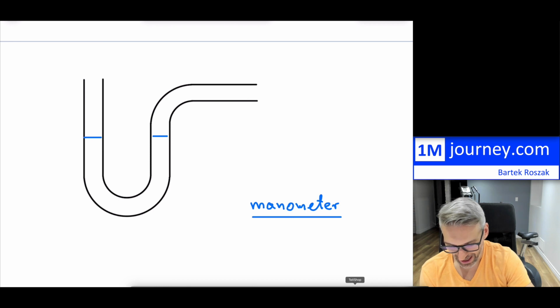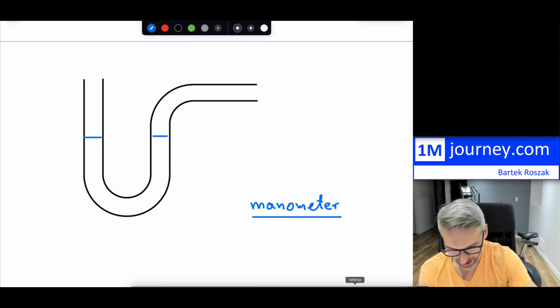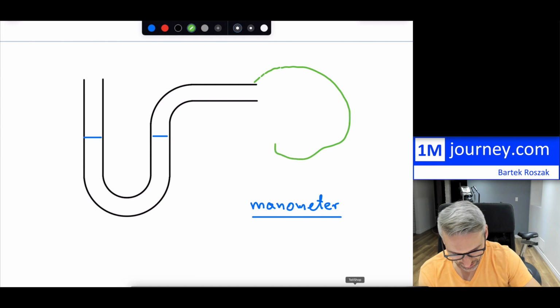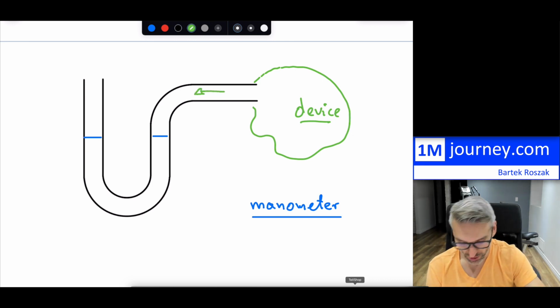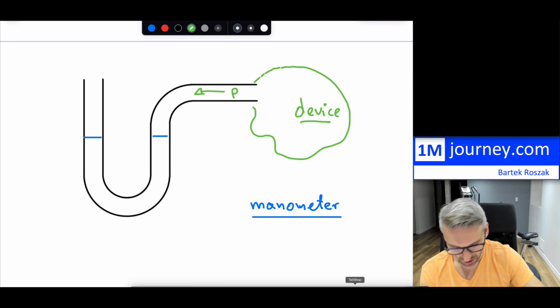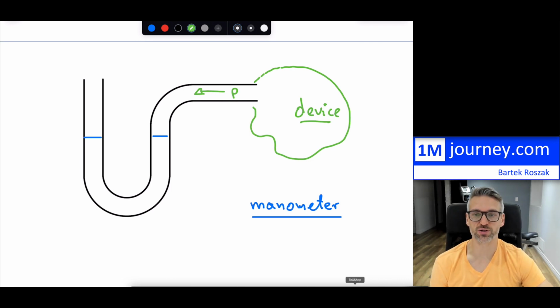Let me draw it out here so that it replicates that there's some kind of a closure. Let's imagine that over here, it's some kind of a device or something else, and this is now pushing the pressure. So there is some pressure. It's not necessarily the atmospheric pressure. There's some pressure which pushes in.